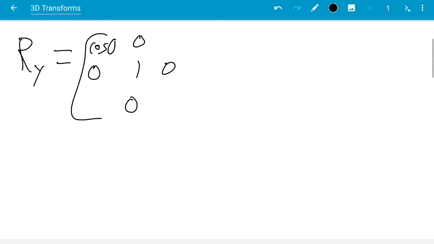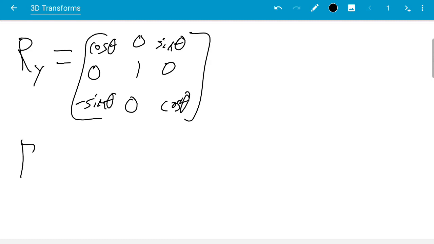And in the corners, you're going to see the kind of rotation terms that we had before. Sine and cosine in a special order. So that when you multiply these out, you get the same kind of rotation, but just in a different plane. We're rotating about the y-axis, so this is the xz plane that we're rotating in.